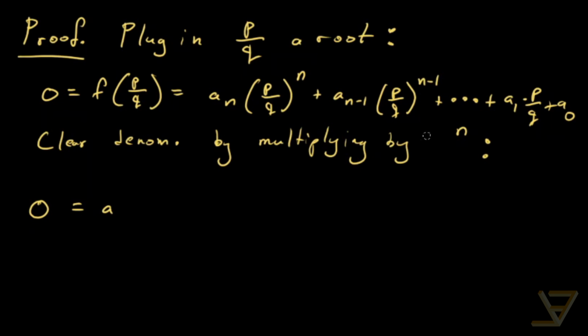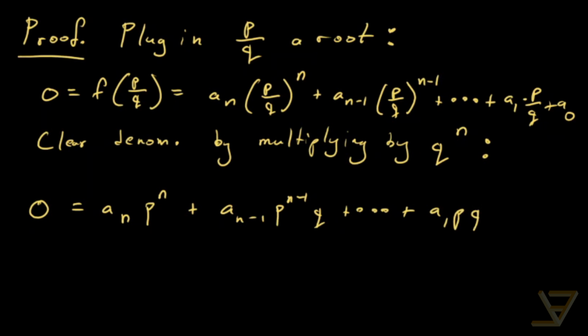So let me write a q over here, because q to the power of n is the biggest denominator. We get a_n p to the power of n plus a_{n-1} p to the power of n minus 1 q, and we keep going until we get a_1 p q to the power of n minus 1 plus a_0 q to the power of n.